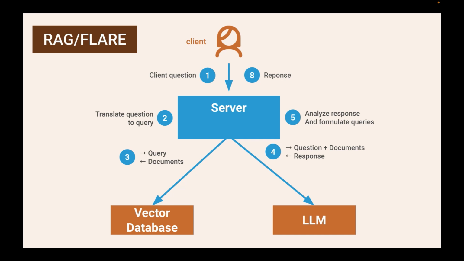So basically, we look at the response and can identify mathematically what sections of the response the LLM wasn't quite sure about. And then we formulate queries based on those sections, feed them back into the vector database, retrieve additional documents to ideally augment those specific areas that the LLM wasn't sure about, and feed that back into the LLM to produce the final response.